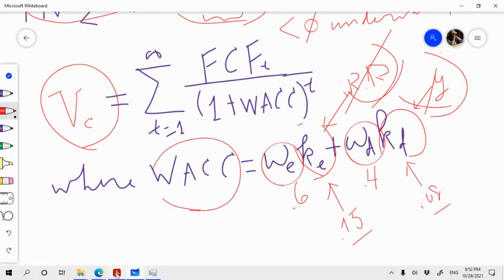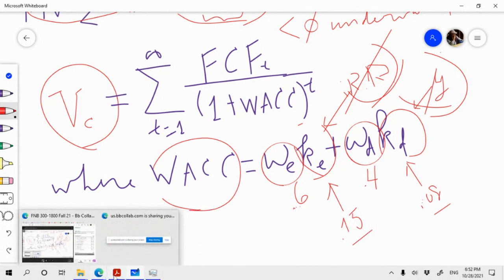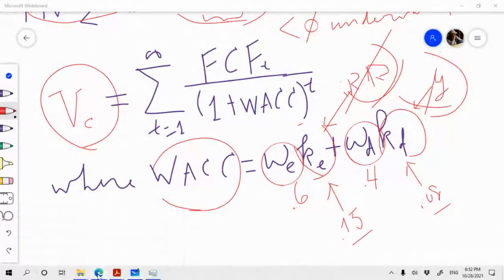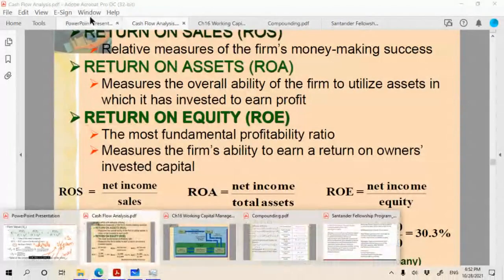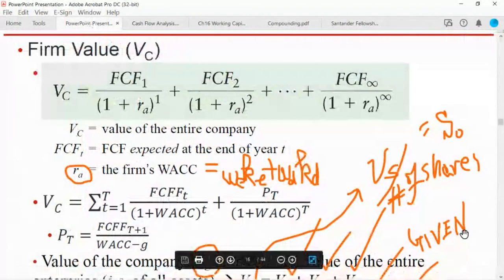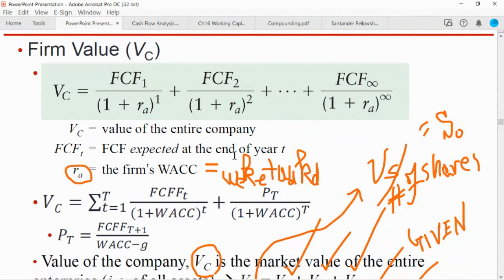That explains why this formula looks like that, what this formula is about. So you have to discount by the weighted average cost of capital. As long as you know this, you're halfway through, because after that it's pretty much like the variable growth model.